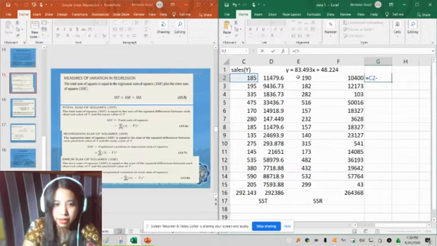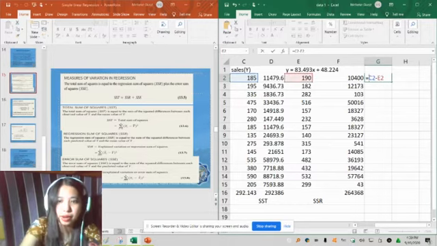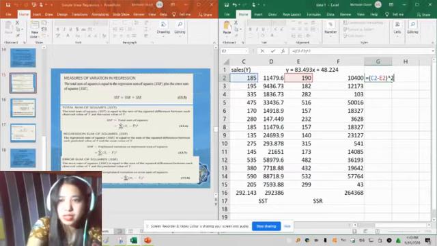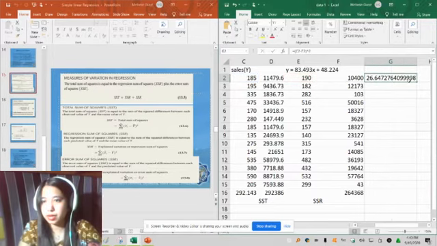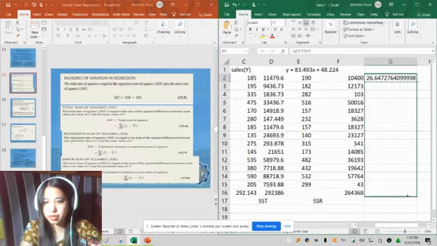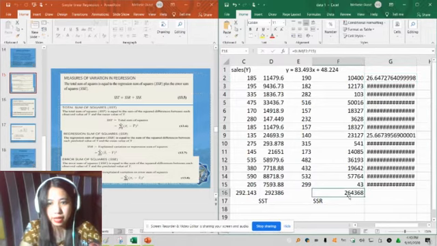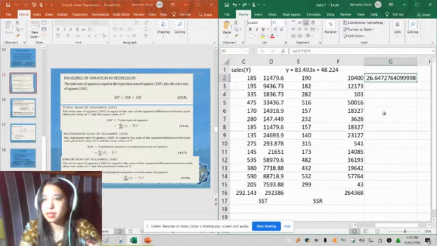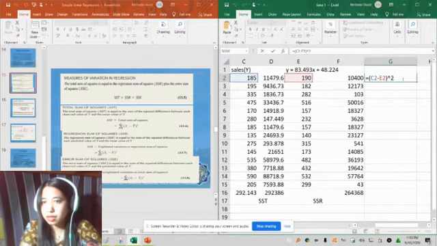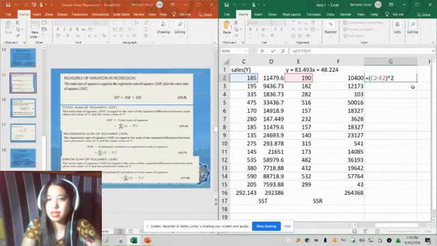The predicted value is this one, and then get the square of this difference, raised to 2. And then just drag it and get the, oops, what happened? So let us see. C2 raised to 2.